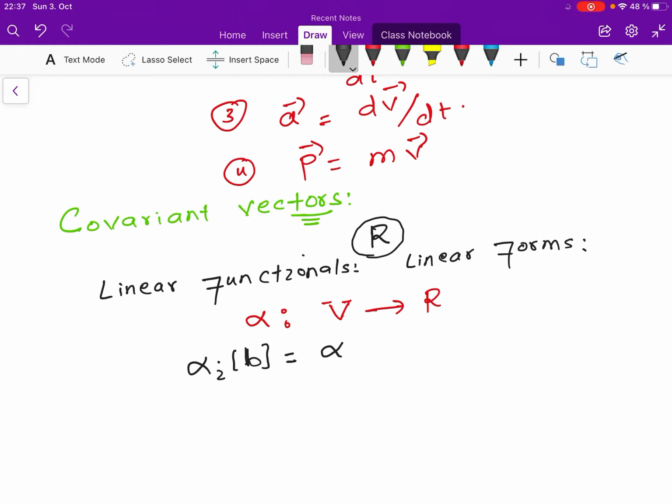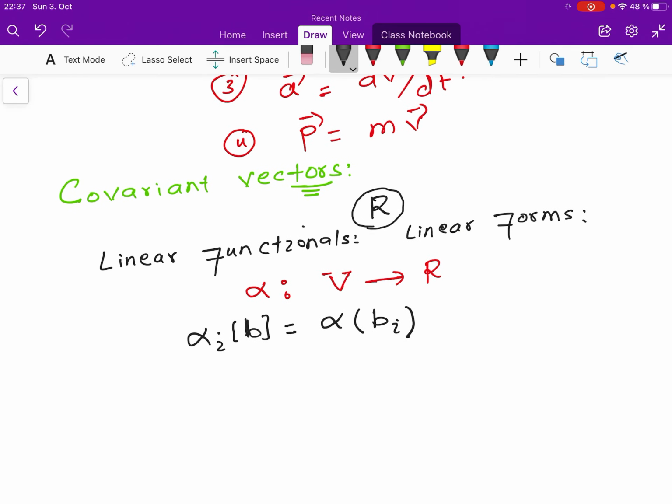The component of alpha that we obtain after we apply alpha on b_i. So alpha_i^B will be obtained from the action of alpha on the basis vector b_i in the old coordinate system.